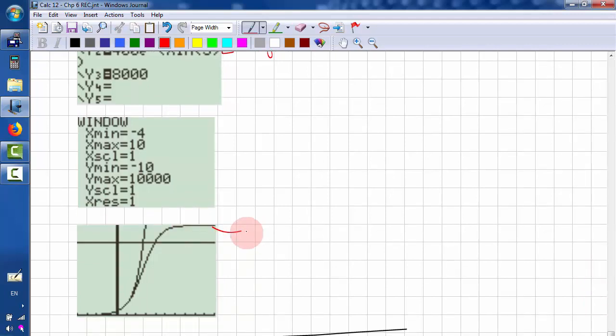And logistic at carrying capacity. And our exponential growth.